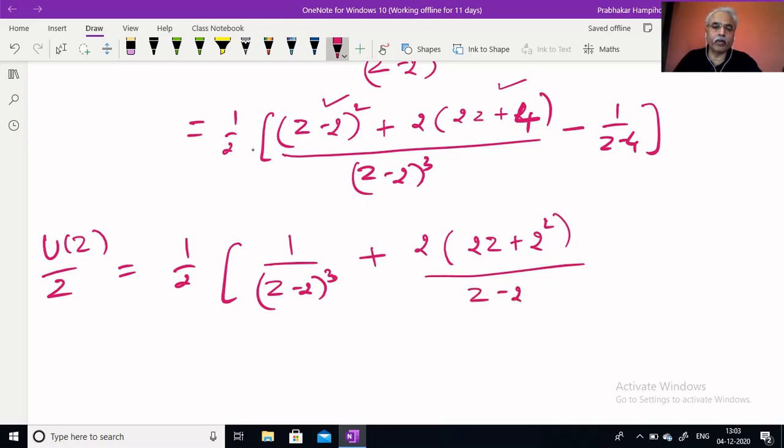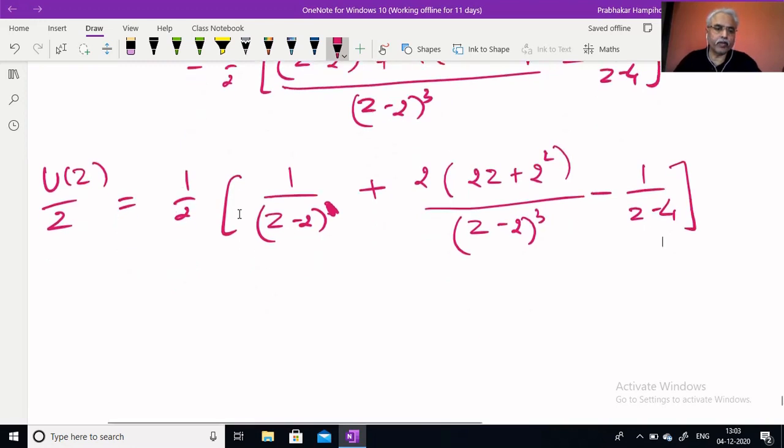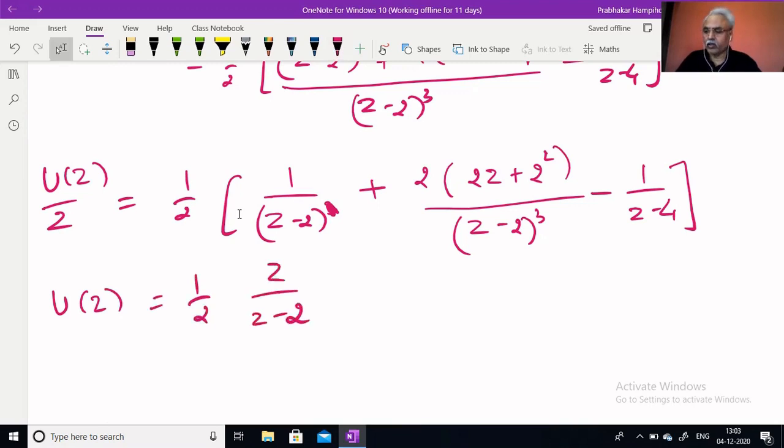This is 1 upon z minus 2 raised to 1, z minus 2 whole cube, minus 1 upon z minus 4. Now if you observe that U of z therefore finally looks like this: half of z by z minus 2, is the half of z by z minus 2, the first term.